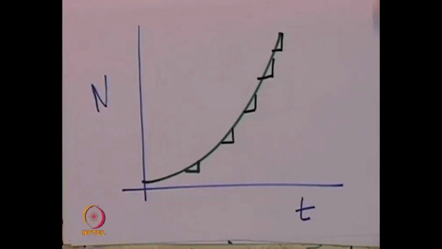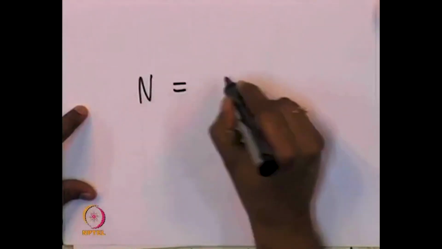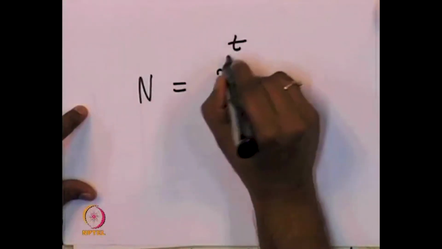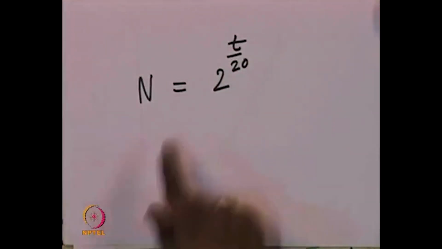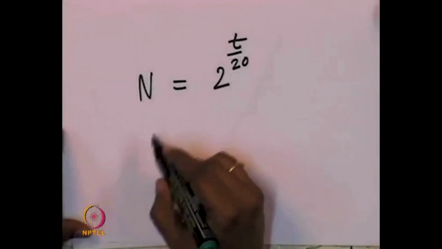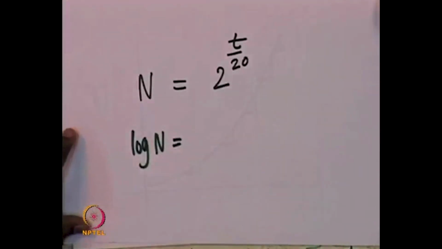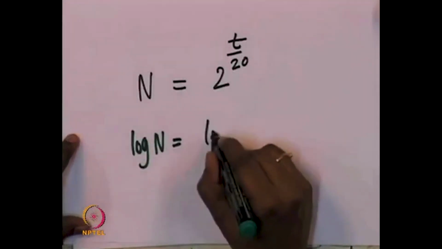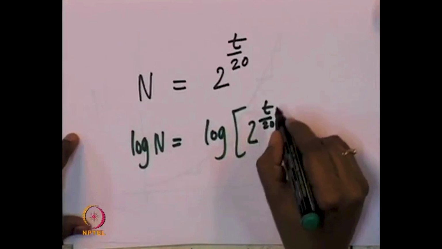We can use this mathematical identity. What we know here is that the function we have is n is 2 power t by 20. Now, if you find the logarithm, log of n, so log n is log of 2 power t by 20.